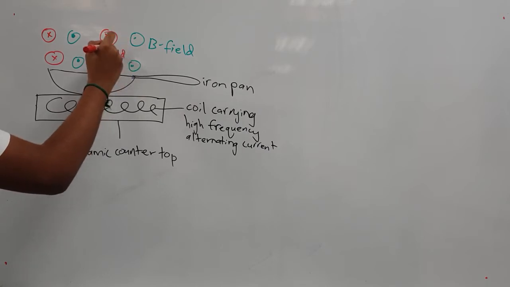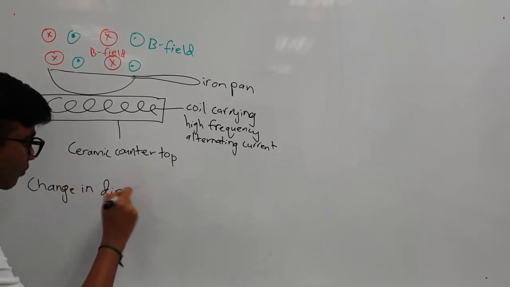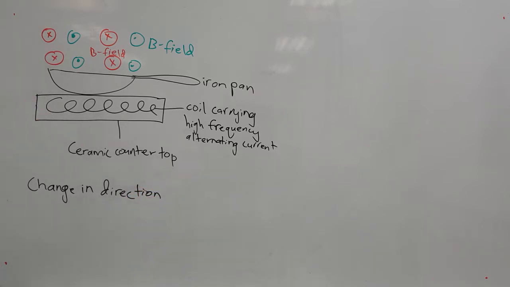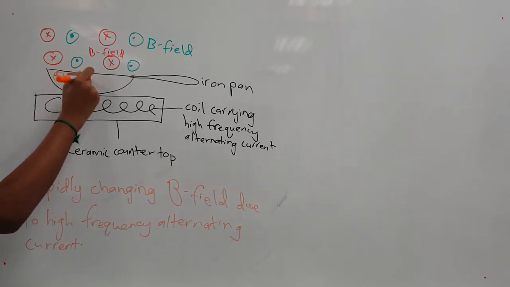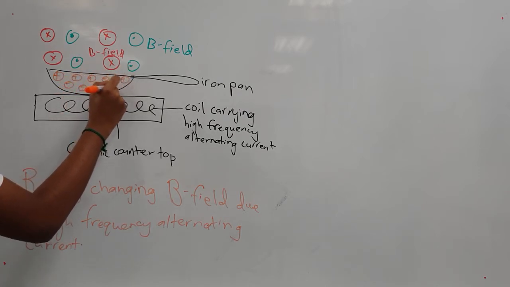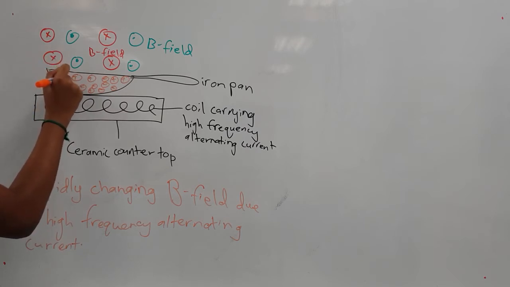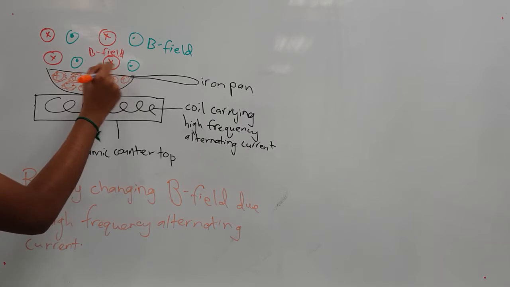An eddy current is then induced in the iron pan, and its electrical energy is converted into heat energy, thereby causing the iron pan to heat up and accumulate heat energy. This also means that only the ferromagnetic iron pan heats up and not the ceramic countertop. The ceramic countertop that the iron pan is placed on remains cool while only the iron pan heats up.